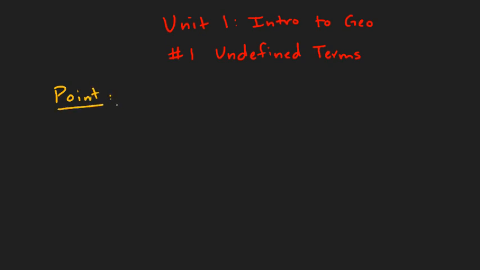A point is described as a location. In geometry, you will see dots representing points with capital letters. I'm going to put a capital P next to that point. This is called point P. Notice that P is capitalized.